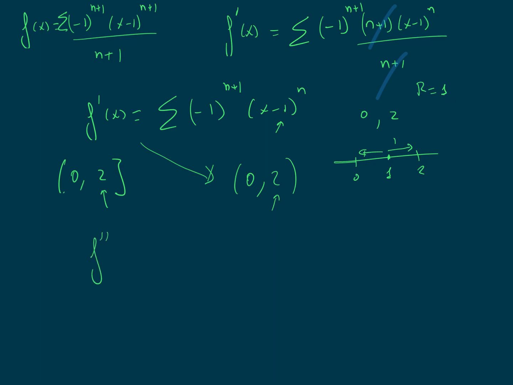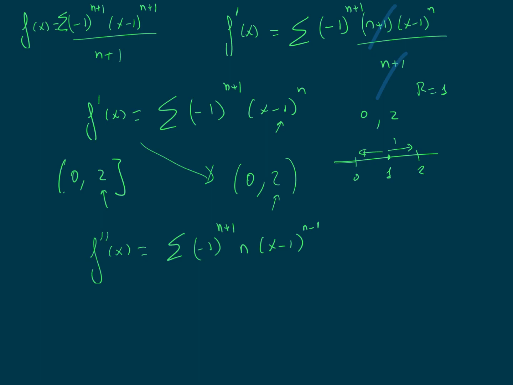F second of x will be the summation of (-1)^(n+1) multiplied by the derivative of (x minus 1)^n, which is n(x minus 1)^(n-1), divided by n minus 1. And for sure, this second derivative will converge on the same interval.